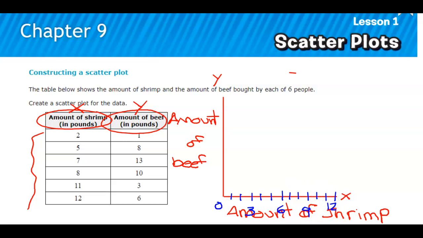And then we're going to do the same thing on the y-axis, but you can see the y-axis is actually going to go all the way up to 13. So maybe what I'll do is I'll put the 12 up there, and then I'll just do one line for the 13 above it. So let's say this is going to be 12. About half of that would be 6. Half of that is going to be 3.